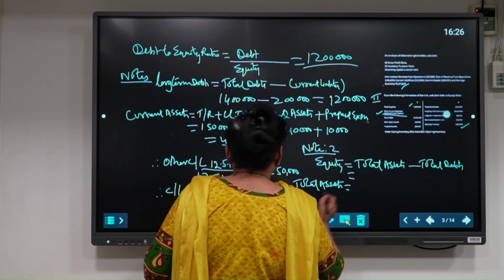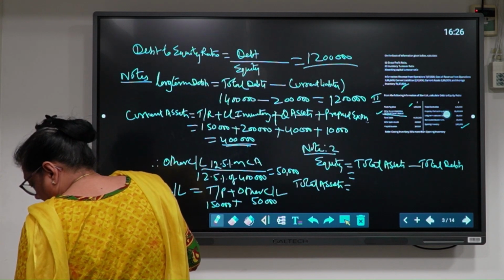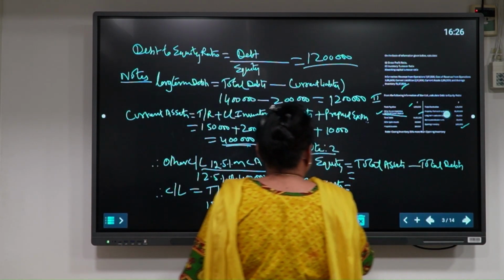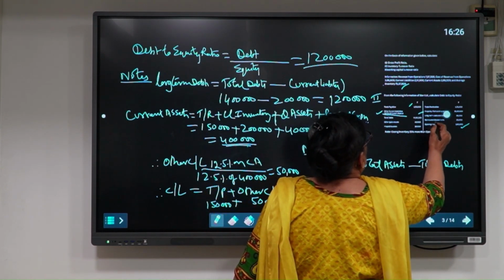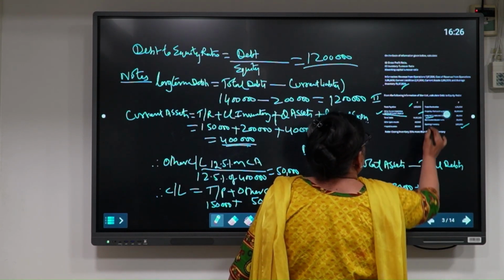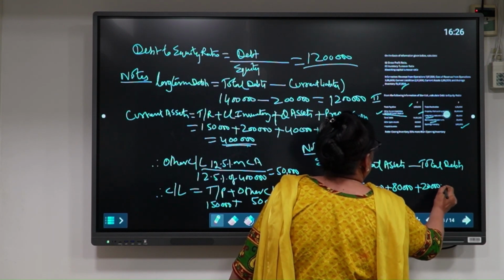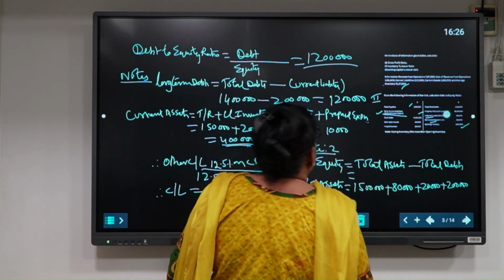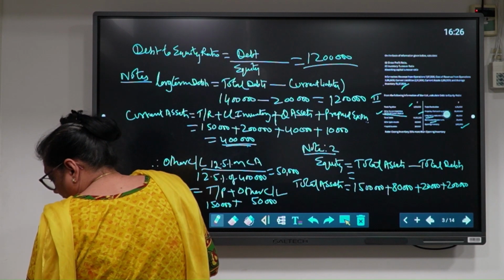Total assets is equal to, take one by one. Now that is 15 lakhs is plant, property, plant and all, fixed assets, plus your long-term loans and advances, plus your current investment 20,000, plus closing inventory 2 lakhs, plus prepaid expenses, then other current assets.